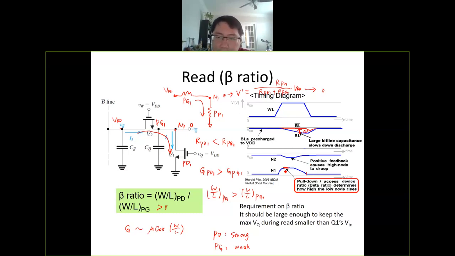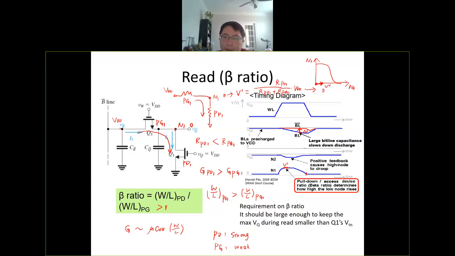So similarly, as you know, this is like a voltage transfer curve for the inverter, because in the middle, it's an inverter. So N1 and N2, if you look at the voltage for N1 and N2, is actually the VTC curve of the inverter. So this means during the read operation, you are introducing some noise into the N1 node. It's like the N1 is initially at 0, but during the read, you are changing the voltage to here.